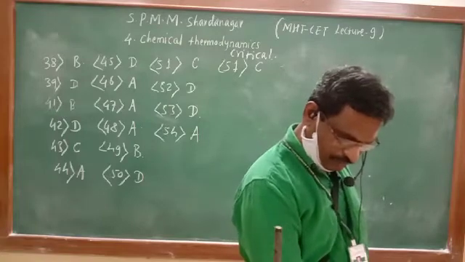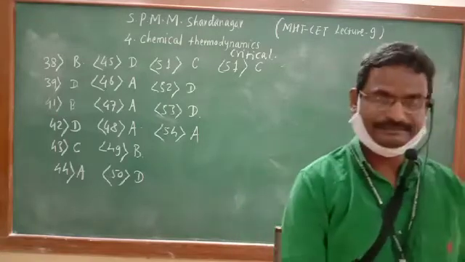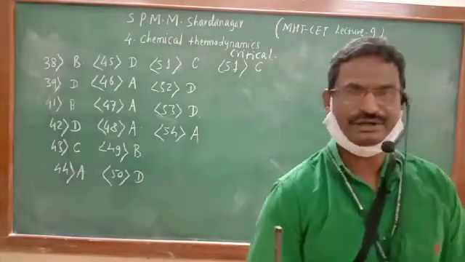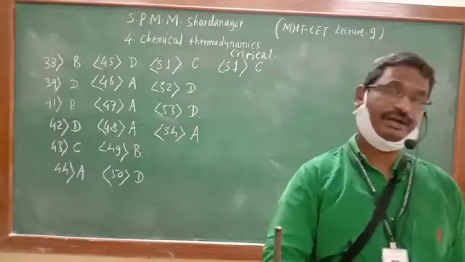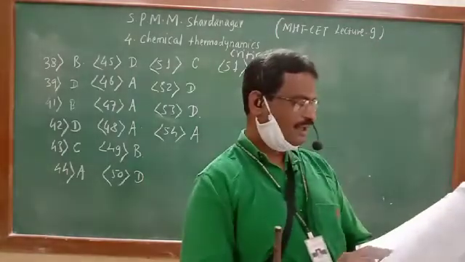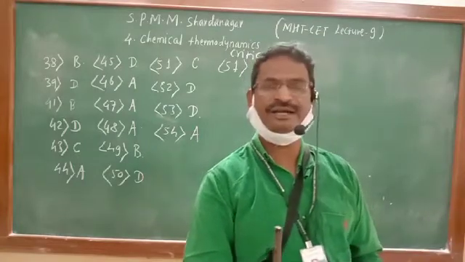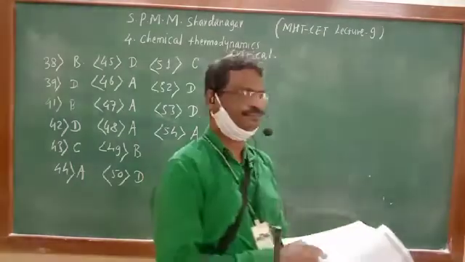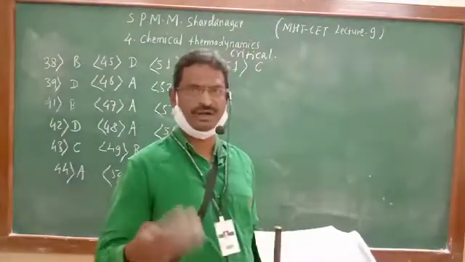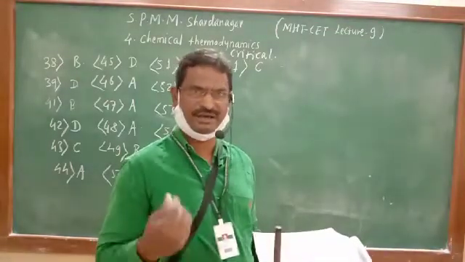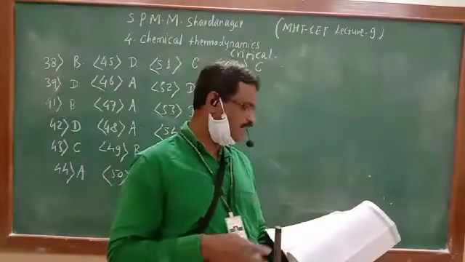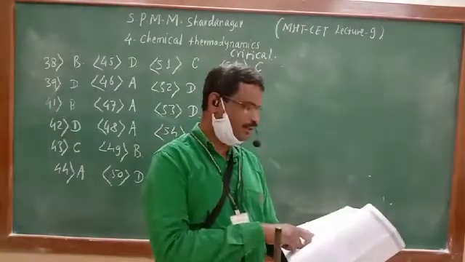Now question number 53. One more important question, a very good question. An athlete is given glucose of energy equivalent to 880 kilojoule. One runner, an athletics player, has been given energy equal to 880 kilojoule.